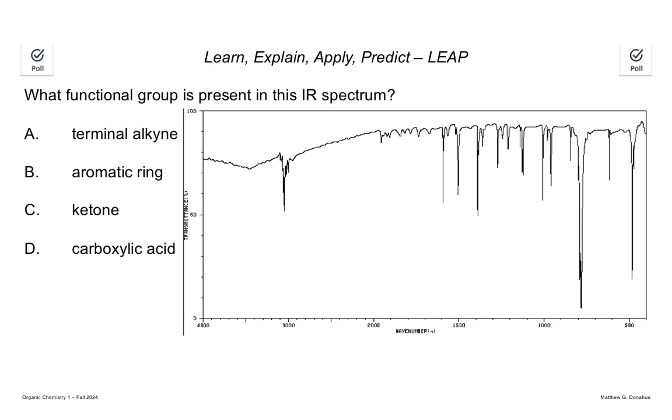So this one is interesting again. You're looking at what's there, but also what's not there. So terminal alkyne, aromatic ring, ketone, carboxylic acid. Can you eliminate some of them sort of immediately?